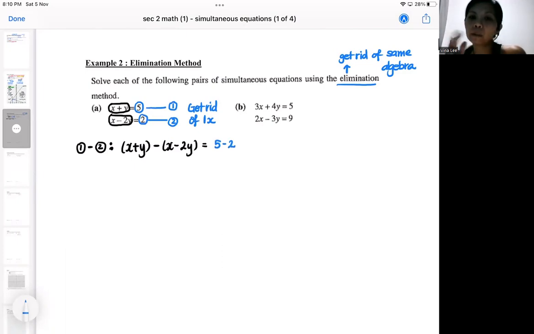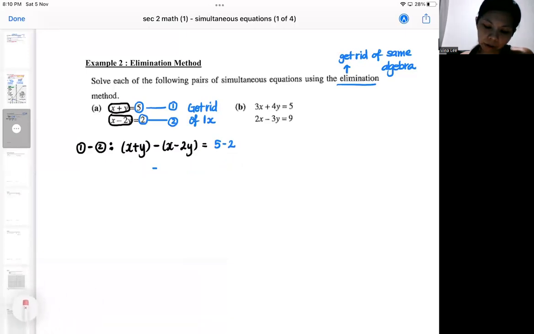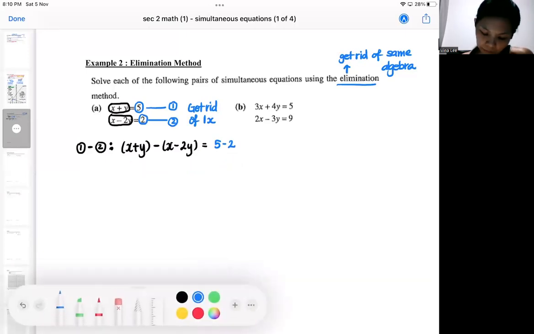So I'm subtracting the equation. The left side of equation 1, subtract away the left side of equation 2. The right side of equation 1, subtract the right side of equation 2. Left minus left, right minus right.